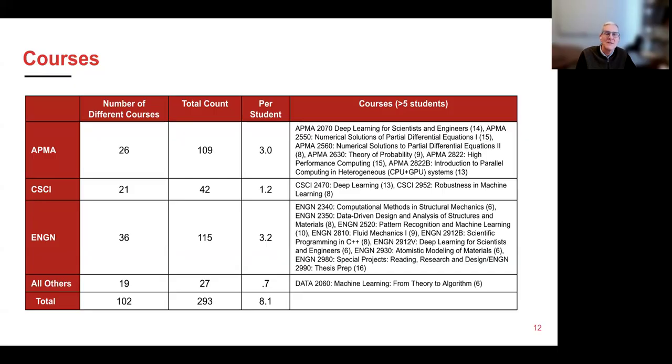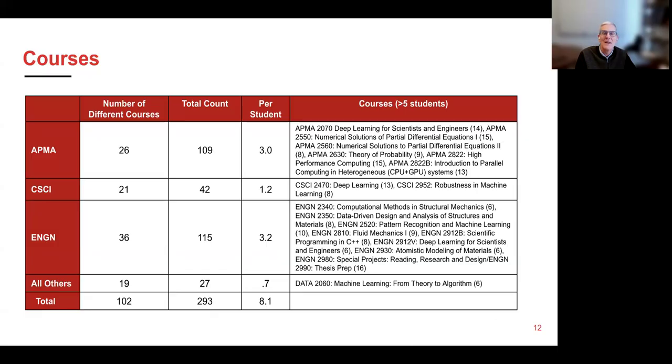Our students have taken over 102 different courses: 26 in applied math, 21 in CS, and 36 in engineering. They've even taken courses outside of those 3 departments, and that's totally fine, as long as you can get your academic advisor to approve it.